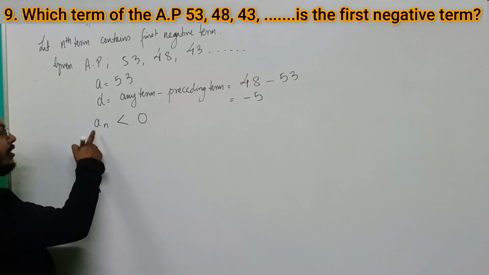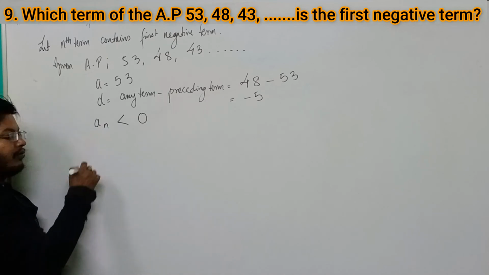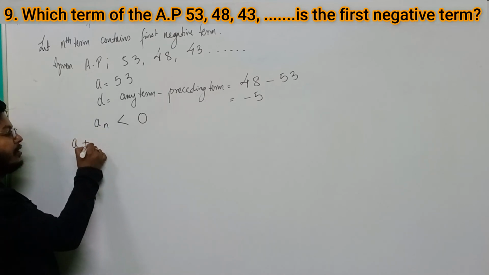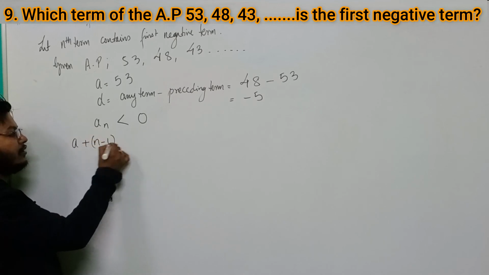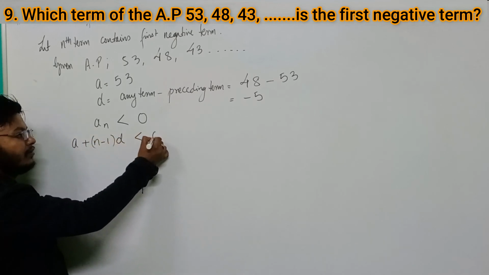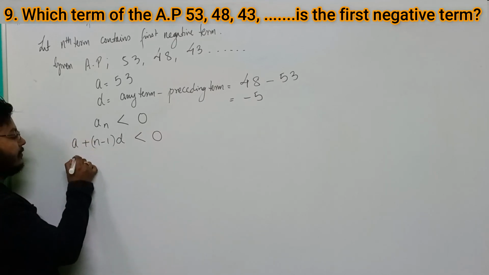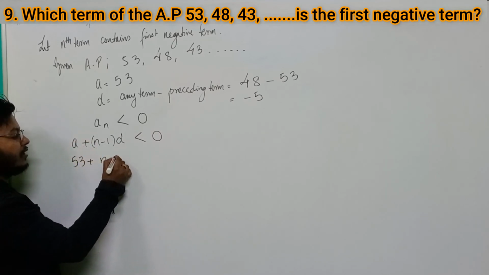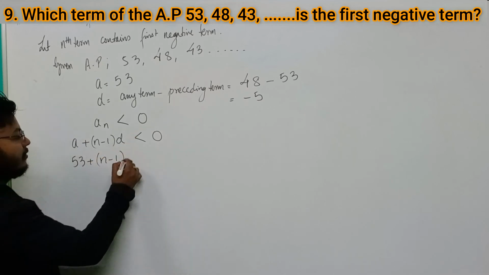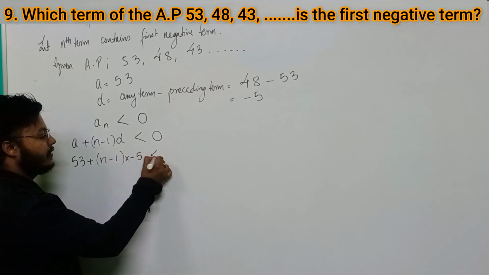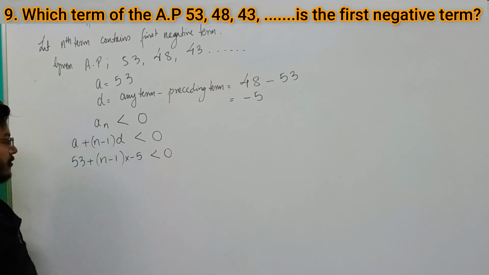So a_n, what is the formula for a_n? You know the formula, a plus (n minus 1) d, less than 0. Now we'll put the values. What is the value of a? a is 53, plus (n minus 1), and d is minus 5, less than 0. Now we'll open the bracket.